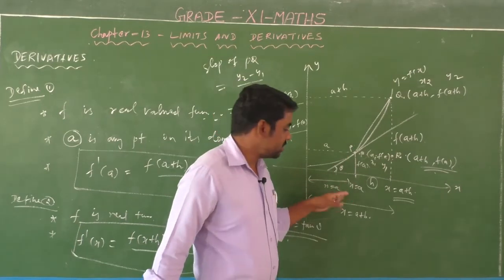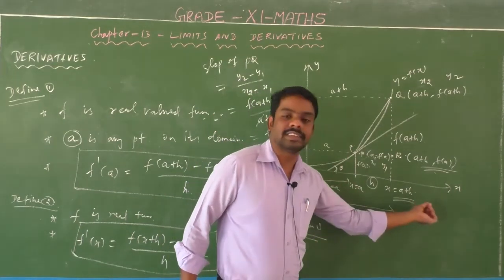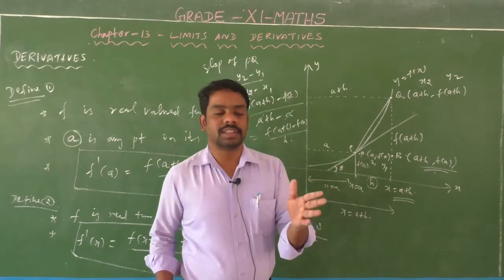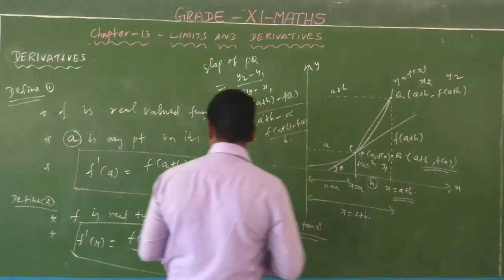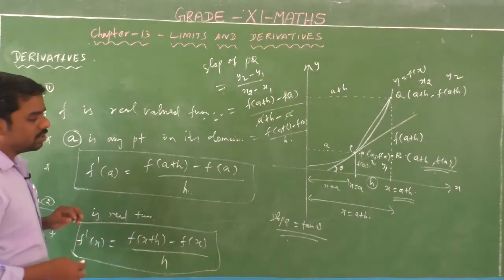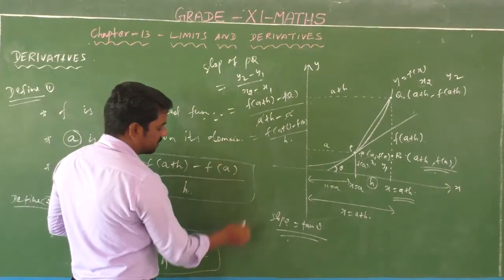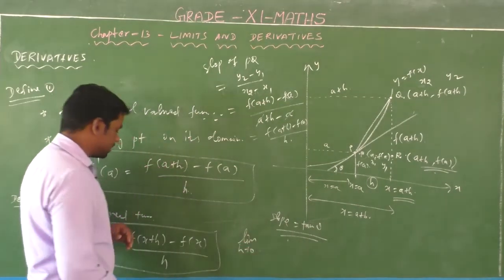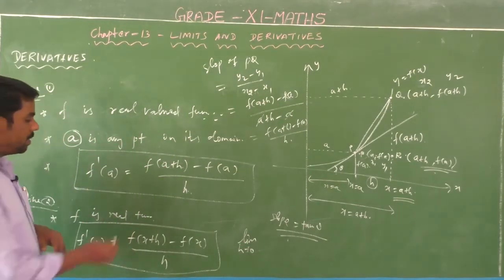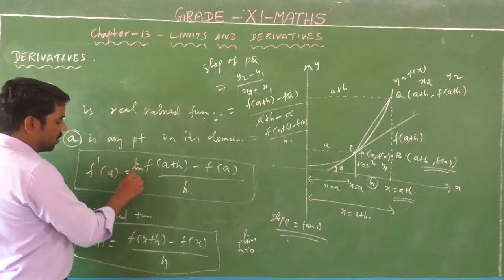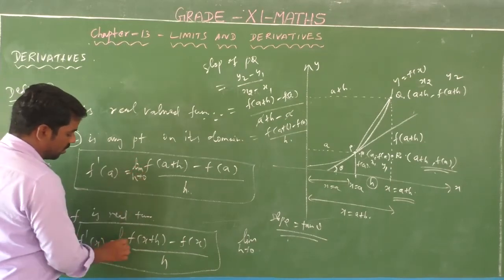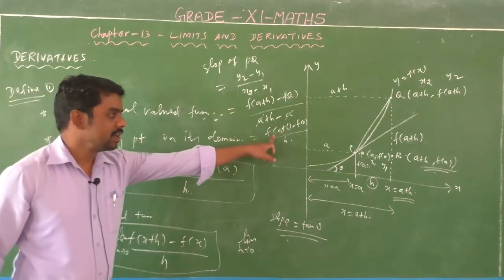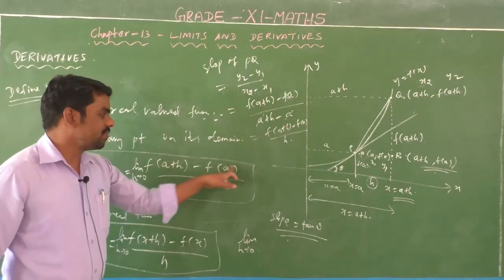அப்போ x is change, x equal a to x is a plus h. x ங்கிறது a to a plus h change ஆகும். So h is a very very small, that means h tends to 0. So let me apply this limit h tends to 0, limit h tends to 0 of f of a plus h minus f of a divided by h.